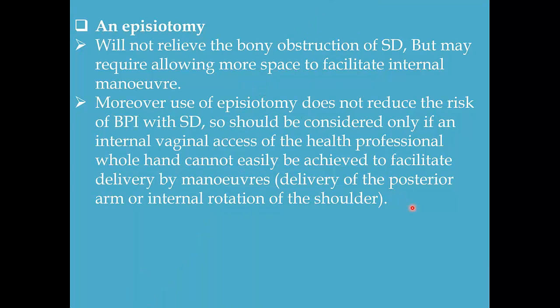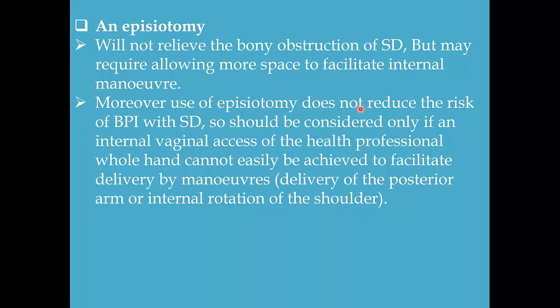What about the episiotomy? Episiotomy will not relieve the bony obstruction of shoulder dystocia, but may be required to allow more space to facilitate the internal maneuvers. So the main function of episiotomy is to facilitate the internal maneuvers, like Rubin 2, wood screw, and reverse wood screw.